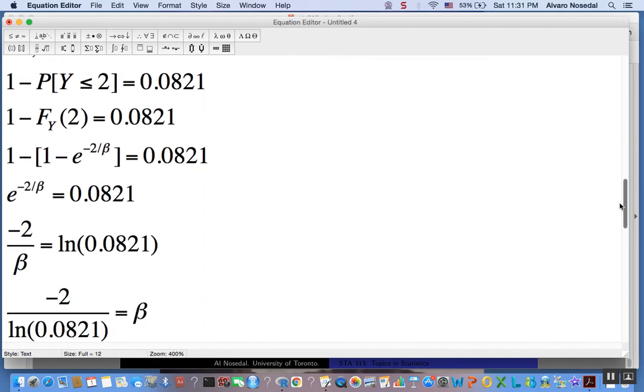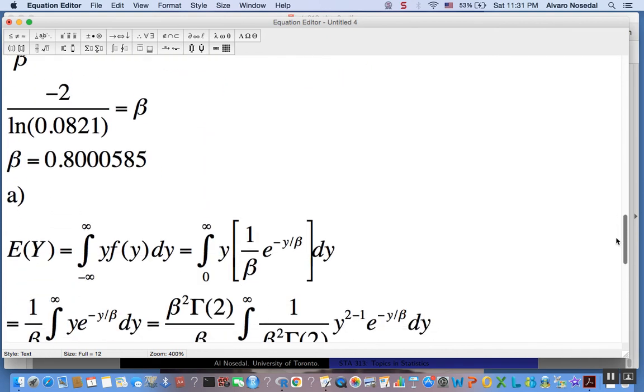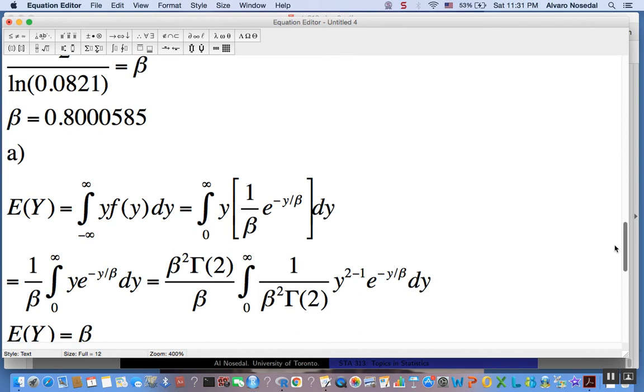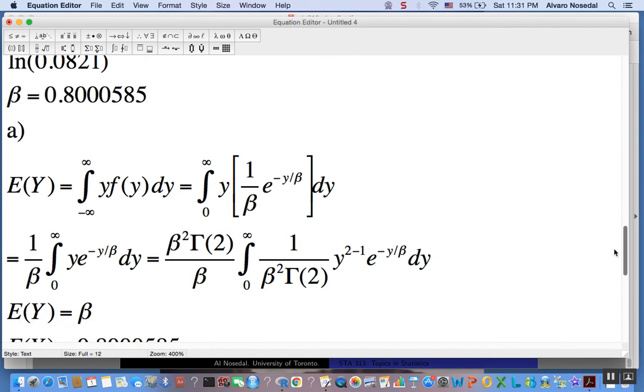Then since we wanted the expected value of an exponential random variable, we used the definition, and we actually obtained the general formula for the expected value of an exponential distribution. The expected value for an exponential distribution happens to be beta.